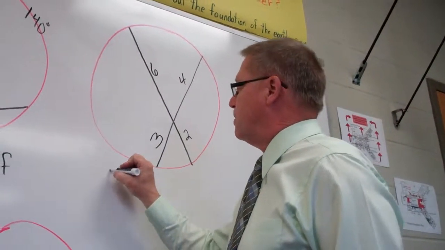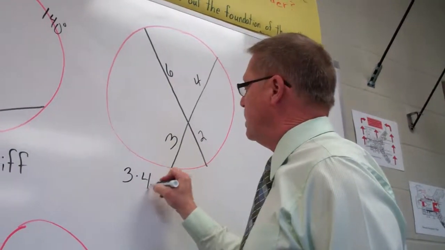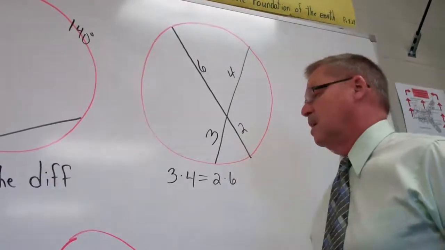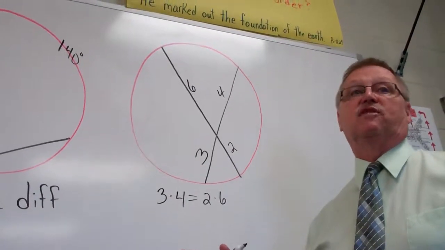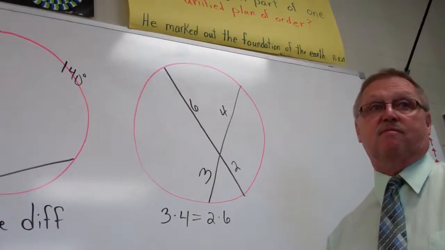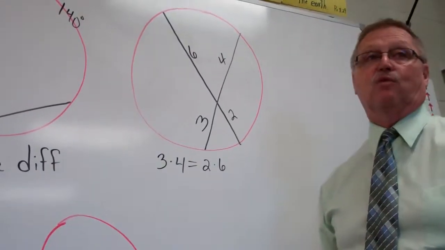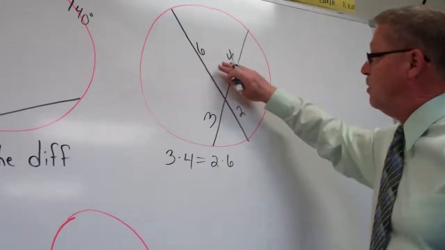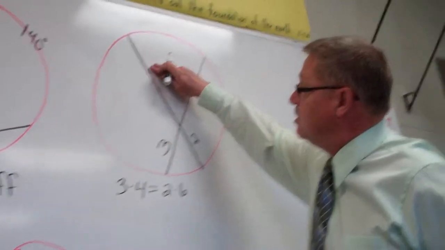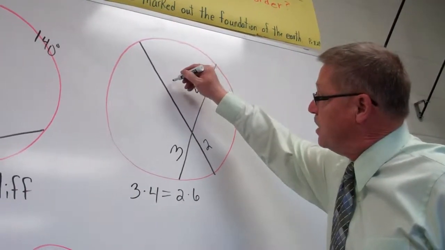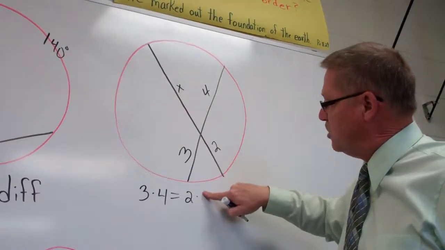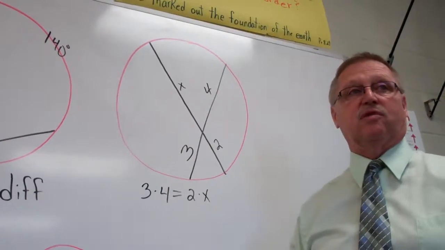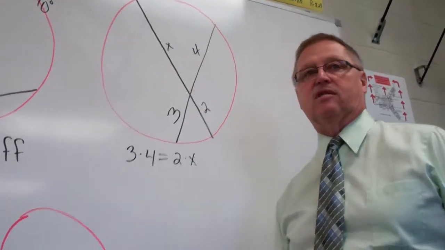And this one, 3 times 4 has to equal 2 times 6. Which means they could leave one out, right? They could make you find one. So they could just leave this one out right here if they wanted. They could just make that X, and you would have to put an X there, and hopefully you're good enough with your algebra yet that you can figure out 6.